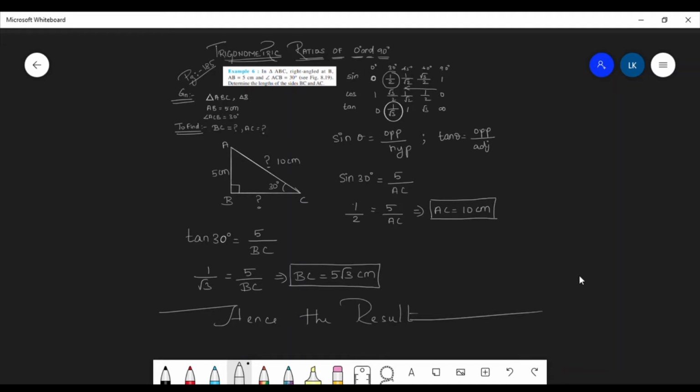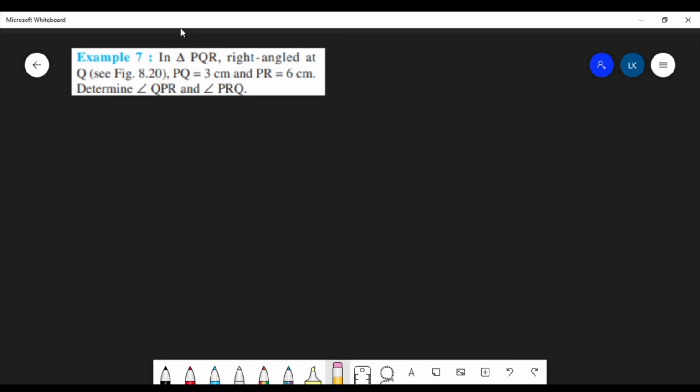Okay, let us solve example number 7. In triangle PQR, right angled at Q. Triangle PQR, right angled at Q. PQ is equal to 3 centimeter and PR is equal to 6 centimeter.